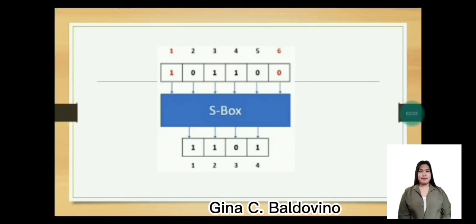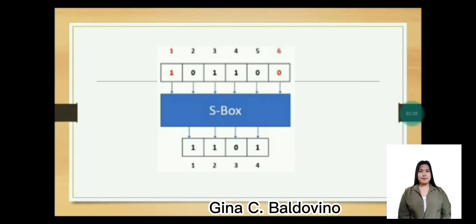Each S-box is considered as a table which has 4 rows, 0 to 3, and 16 columns. Why 4 rows and 16 columns? Because from the 6-bit input to the S-box, the two extreme bits are used to determine the row number. Two bits can form 4 combinations of 0s and 1s.